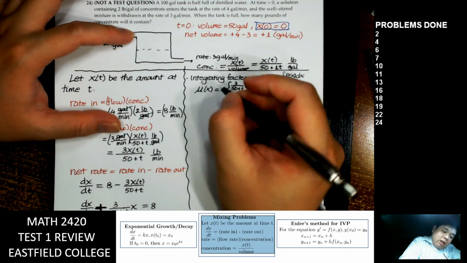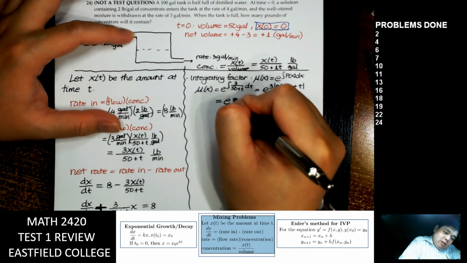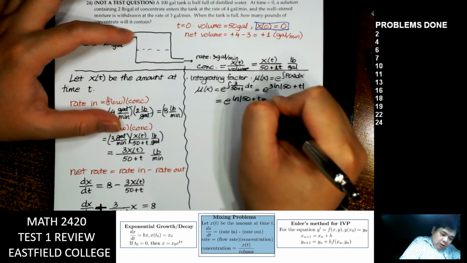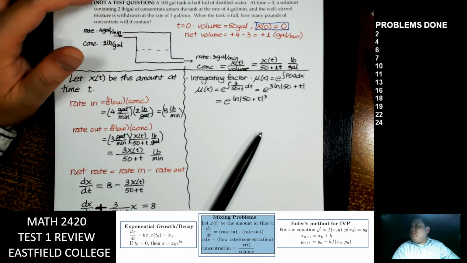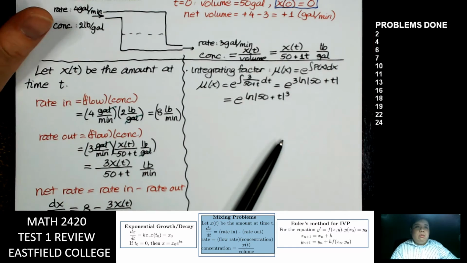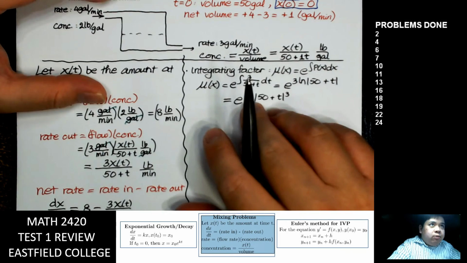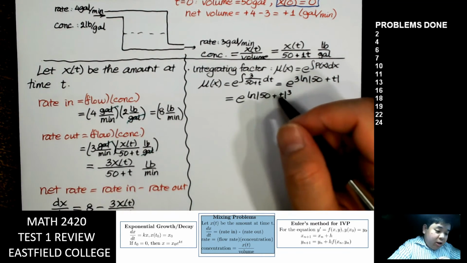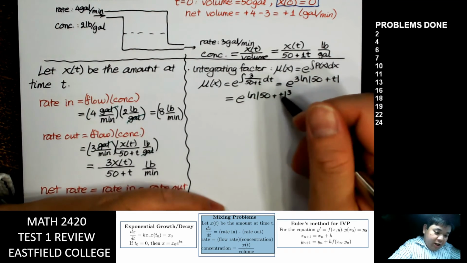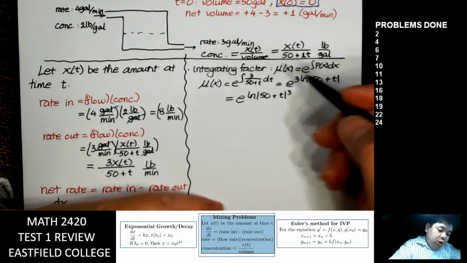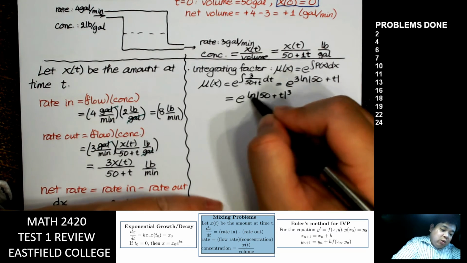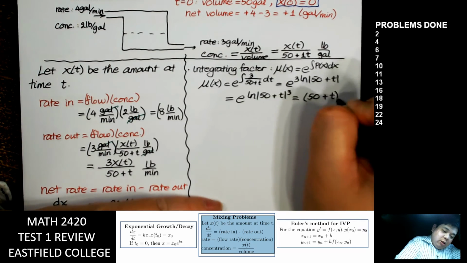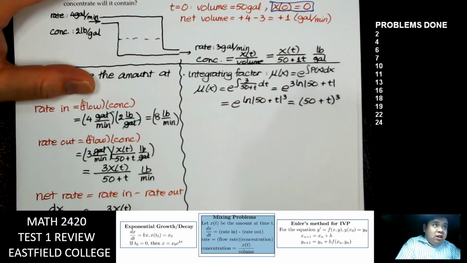Of course, you take the 3 inside. Now, t is going to be positive because t is time, and plus 50 is still positive, so we really don't need the absolute values. It cancels e and ln. So bottom line is we have 50 plus t cubed, and that is the integrating factor.